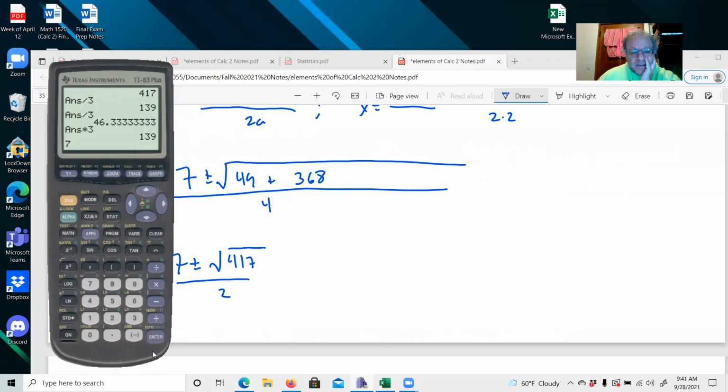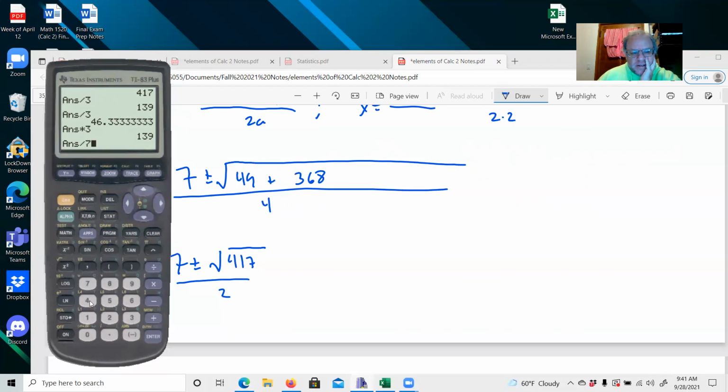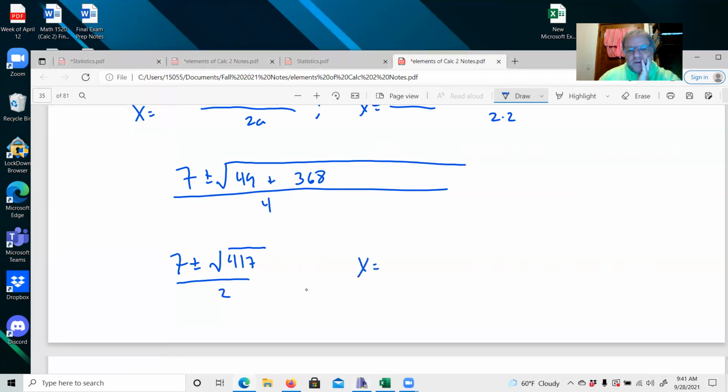Divided by 7, divided by 13, nah. We're not fishing around for perfect squares out of that. It's not happening. So we're stuck with this. My x is equal to 7 plus root 417 divided by 2.